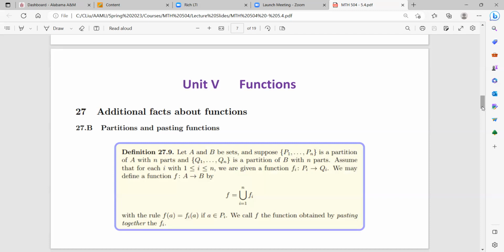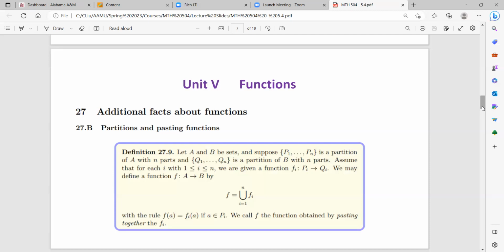You define a specific function f sub i between these 2 specific subsets, and then you combine all these functions f sub i for each subset pair. From P1 to Q1 you get f sub 1, and from P2 to Q2 you get f sub 2, and so on. So you get a bunch of functions, each from one subset of A to one subset of B, and then you combine all of them to define the function.